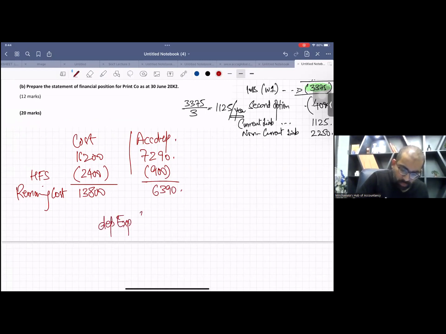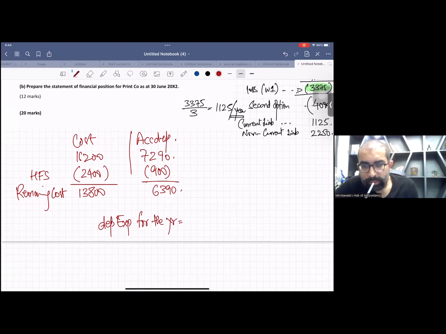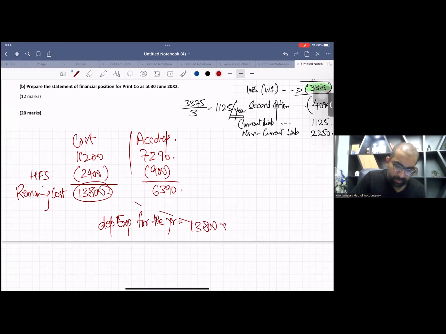Now finally calculate the depreciation expense for the year, because obviously depreciation for the year has not yet been calculated. Which method should I apply, percentage on cost or percentage on NBV? It's percentage on cost. So 13,800 times 15% is 2,070.